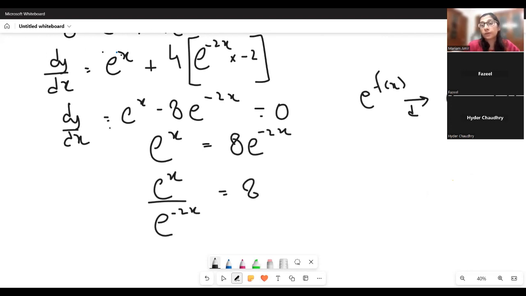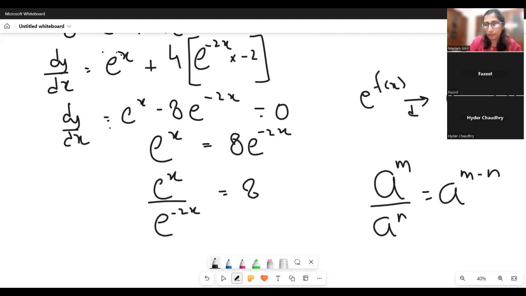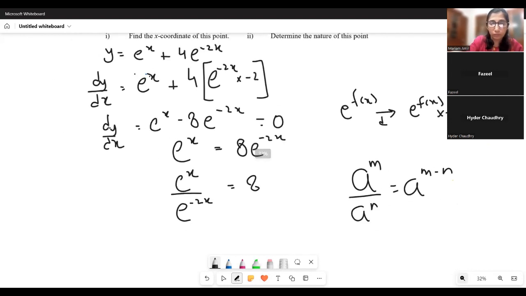When powers are being divided, they get subtracted. a^m upon a^n equals a^(m minus n). It's going to be e power x minus minus 2x. So that's e power 3x equals 8.